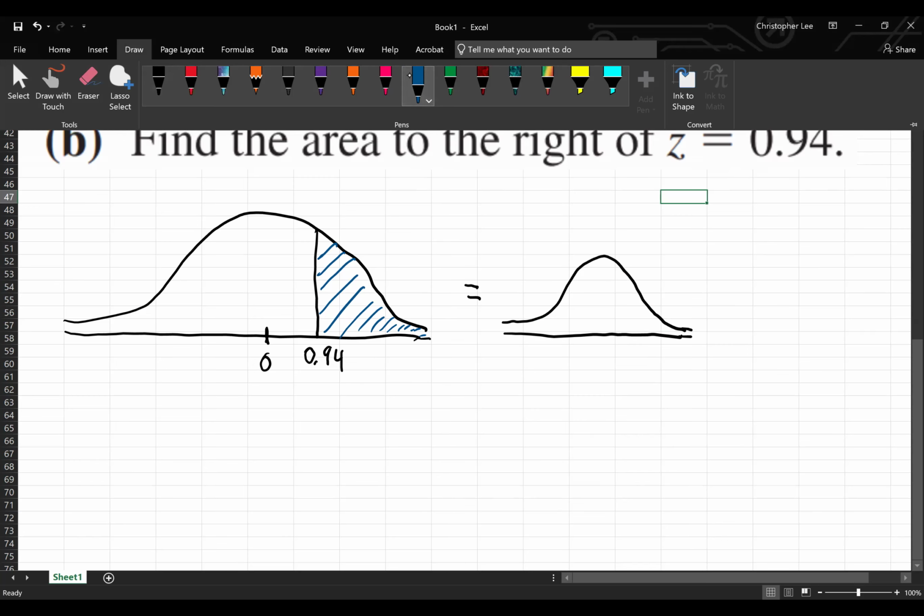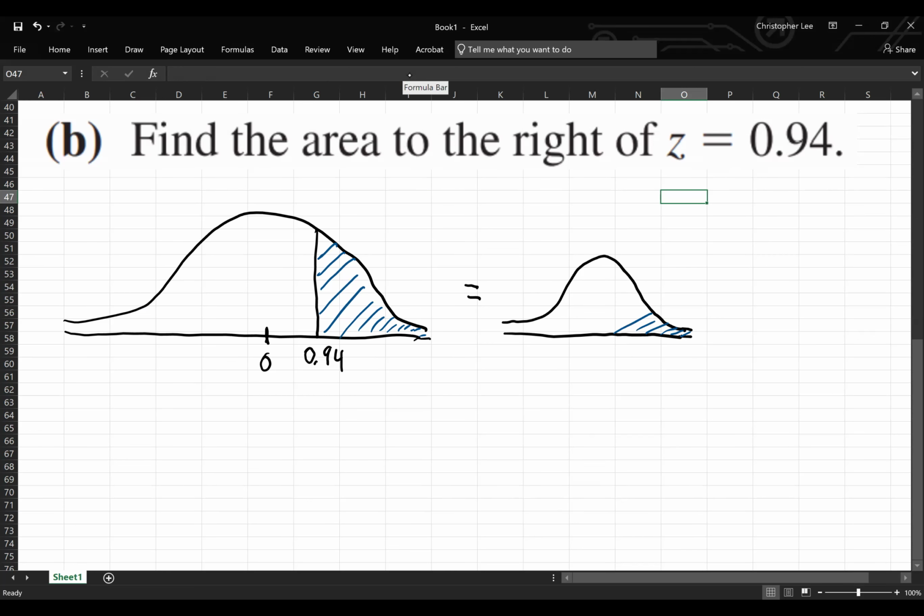So here's what we're gonna do. We're gonna take the whole distribution, all of this, the whole thing. It's gonna be a decimal, always a decimal.